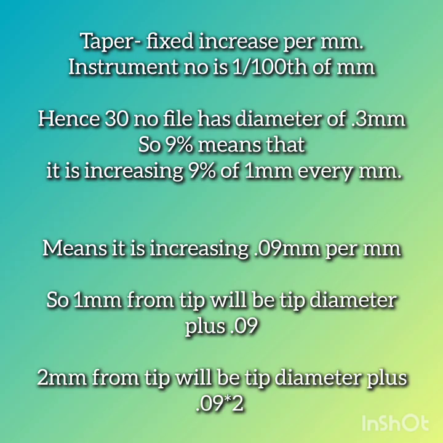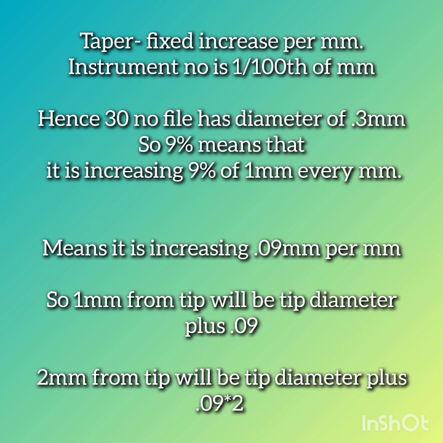Now what is taper? Taper is a fixed increase per mm. So what is happening in taper, what does 7% mean? Every mm, let's say the first is D1 and the second is D2, this is according to the old ISO.